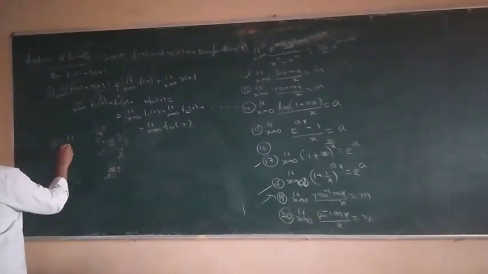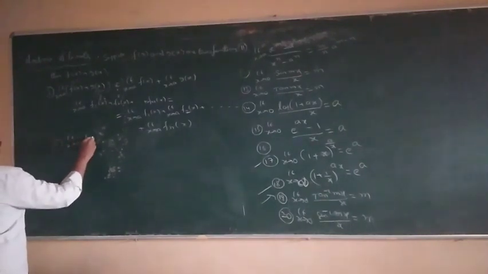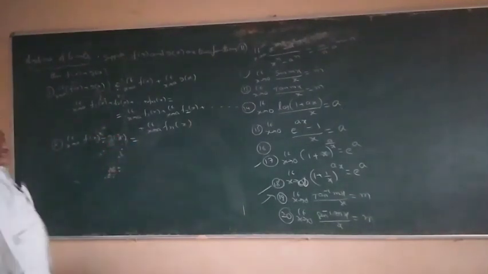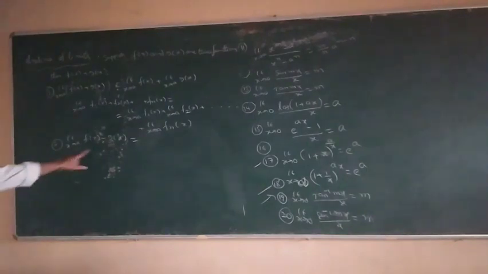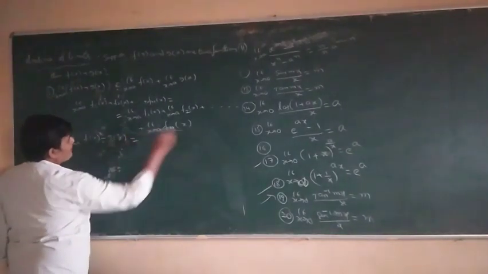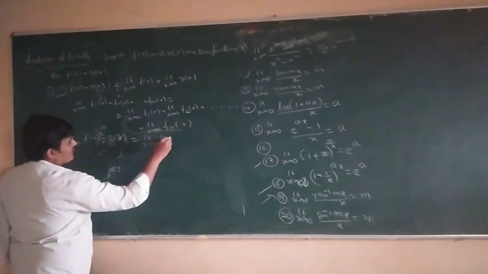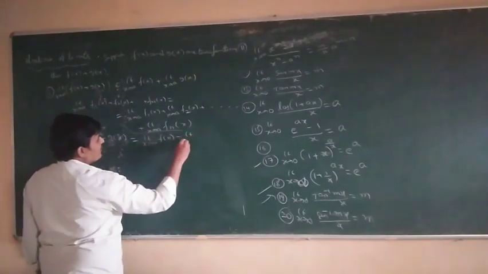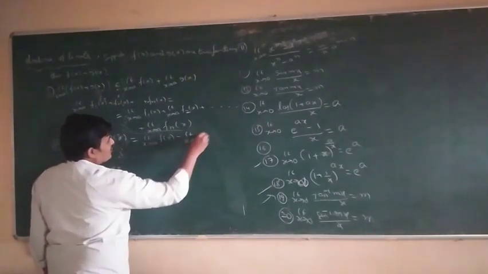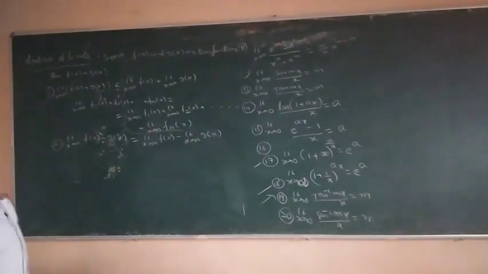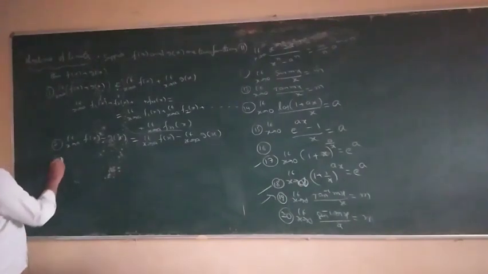Second point, limit x tends to a f of x minus g of x. Limit of difference of two functions is equal to limit x tends to a f of x minus limit x tends to a g of x. Next, third one.